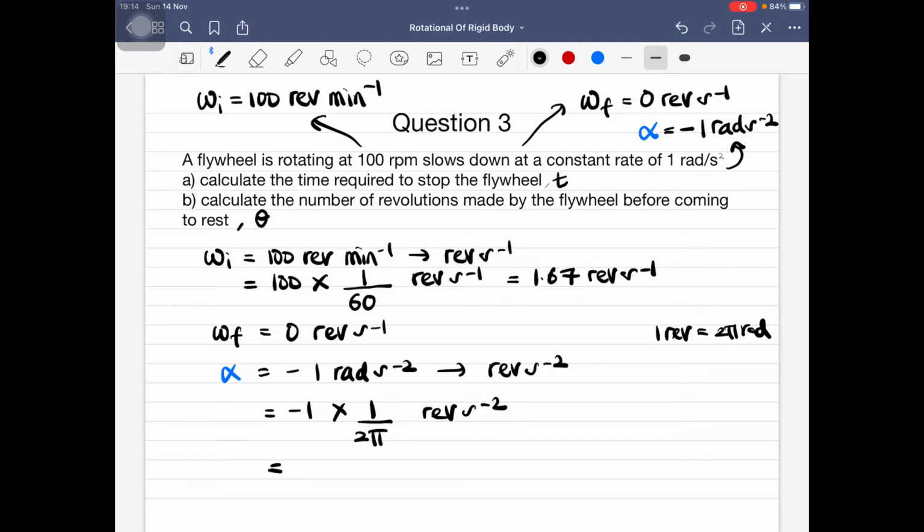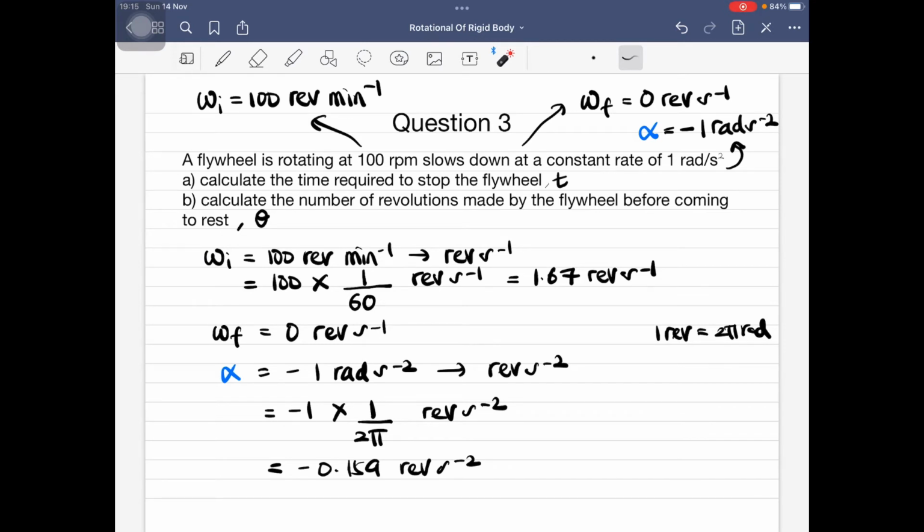For that it will be negative 0.159 revolution per second square. Now I already have all the info, and they share the same unit for the angle and also for the time.